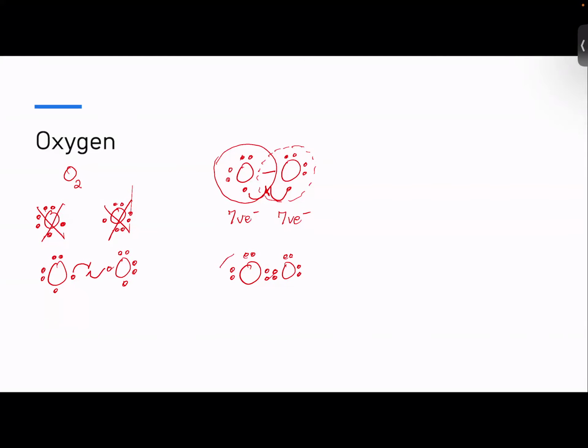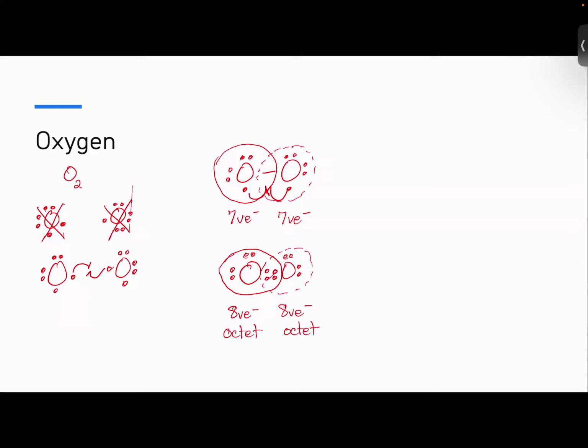Now the oxygen on the left views itself as having all of the electrons that are found in the bond plus its two pairs of electrons, and it views itself as having 8 valence electrons. The oxygen on the right also sees itself as having 8 valence electrons. In other words, each of these has an octet.